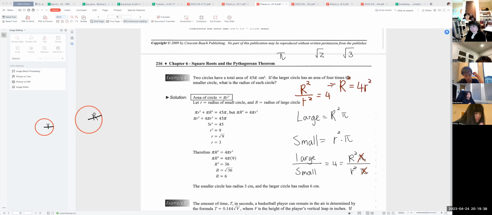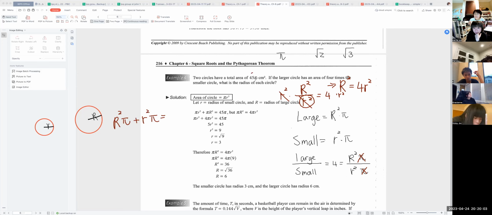Did you get this one, Graciana? Right, because we times little r squared on both sides. This little r squared over little r squared is gone, so R squared equals 4 r squared.